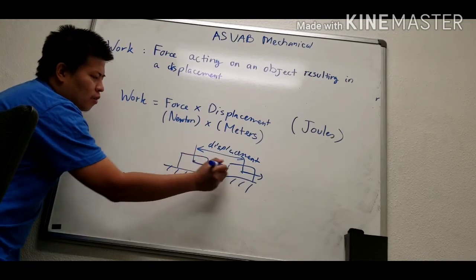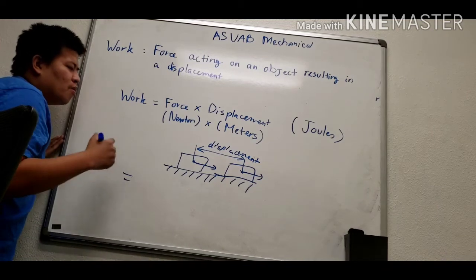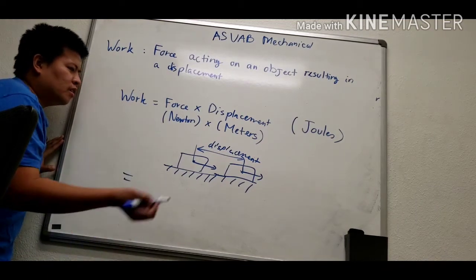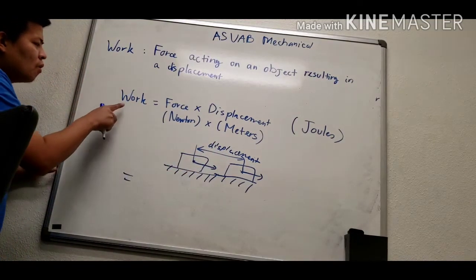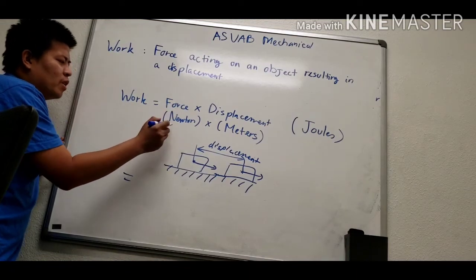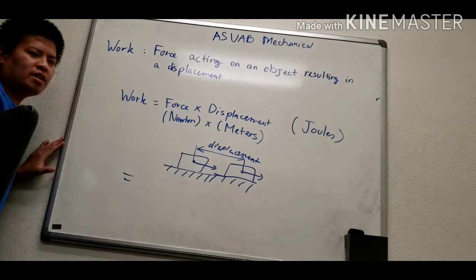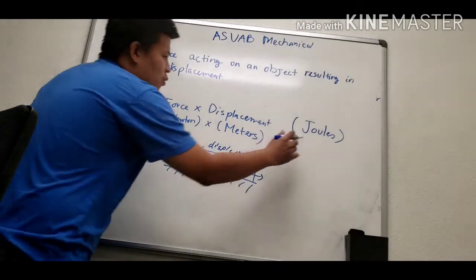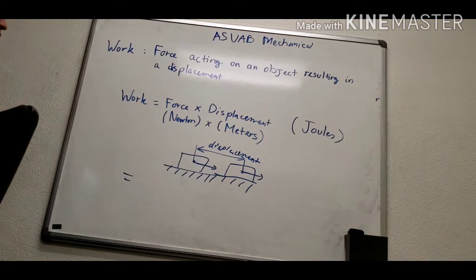This difference in location is called displacement, because you move the object from the old location to the new location. The formula of work is force, in Newtons, multiplied by displacement, in meters. We multiply together and we have joules.